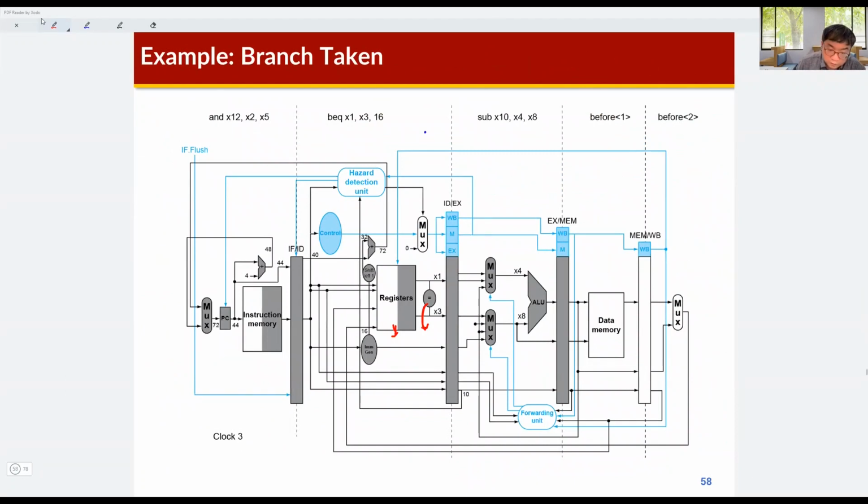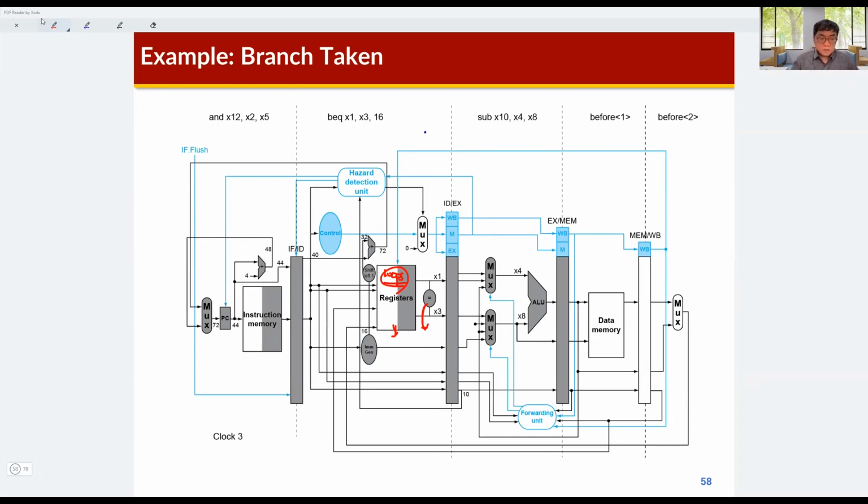It will take around 100 picoseconds. It's not a real number, but if we compare it with the delay of the ALU or the delay of the data memory, the access latency of the register file is relatively low.